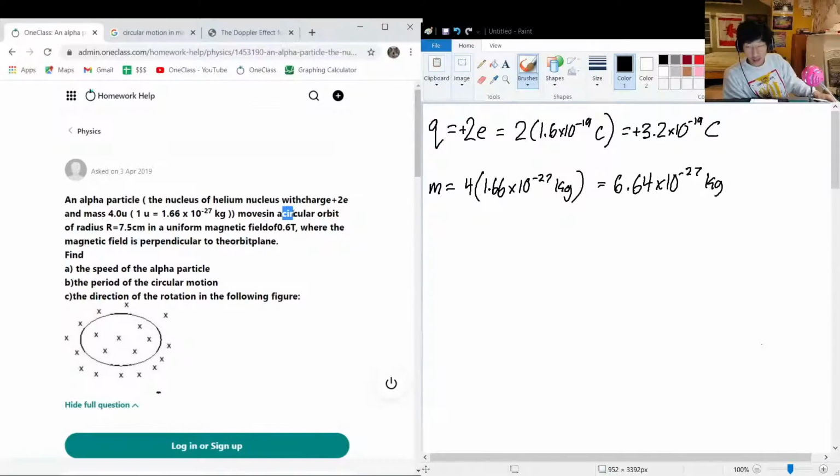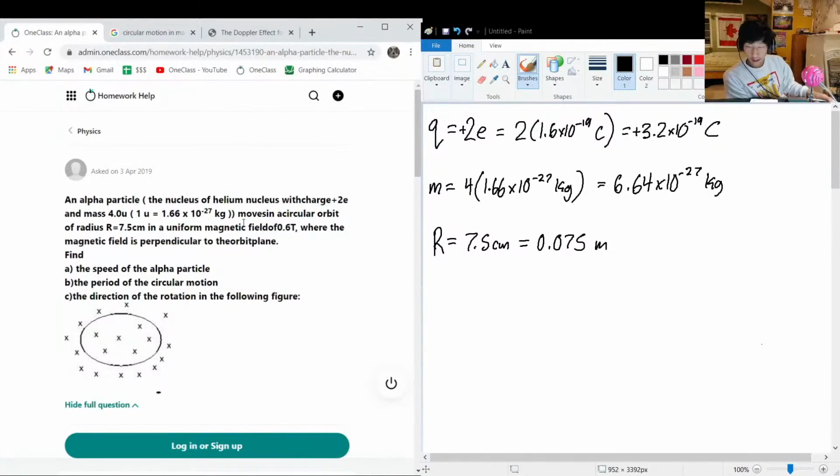Okay, it moves in a circular orbit of radius r equals 7.5 centimeters. We can convert that to a times 10 to the negative 2, or we can just convert this to meters, so that'll be 0.075 meters. Just because we want base SI units, they work better.